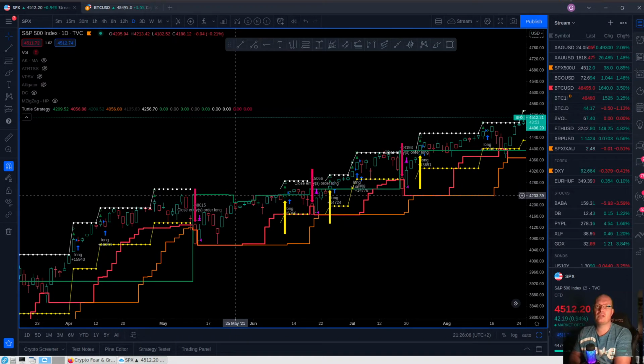And if you break above the high of the last 20 days, then you would enter a long position. And then they would look at the lows of the last 10 days. And if you close below that low, then you get out of your trade. So it's some kind of trailing stop loss which you have.